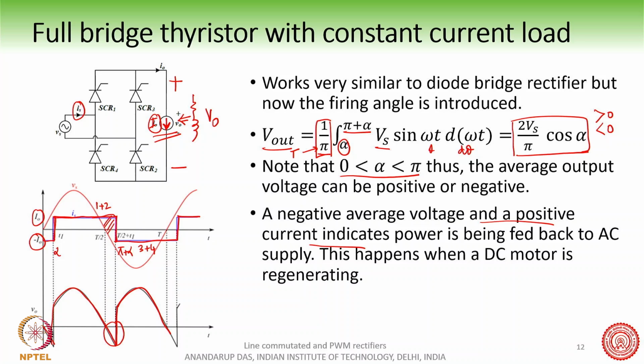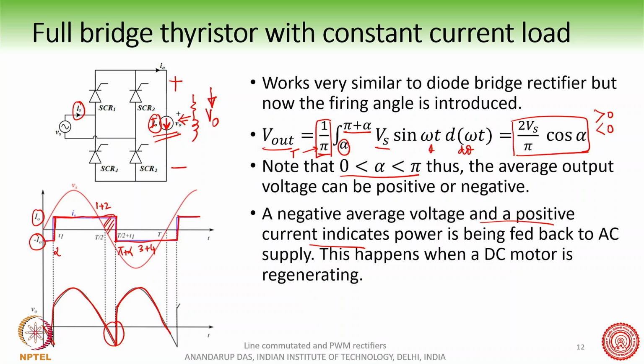So it can carry current only from anode to cathode. It cannot carry current from cathode to anode. Therefore, the current will only flow from the plus to the minus terminal. But that voltage V0 can become positive or negative.